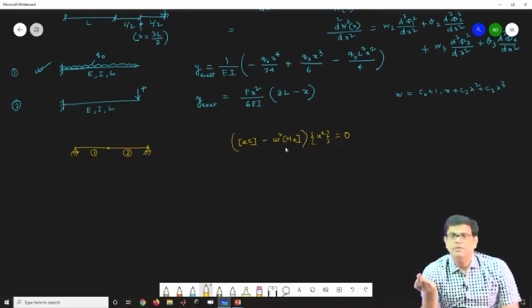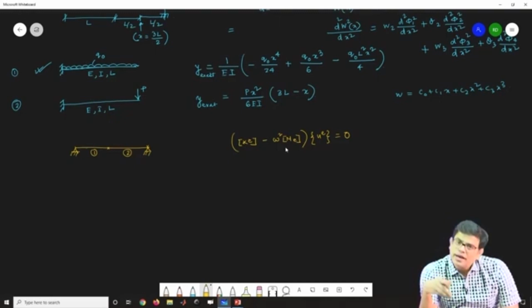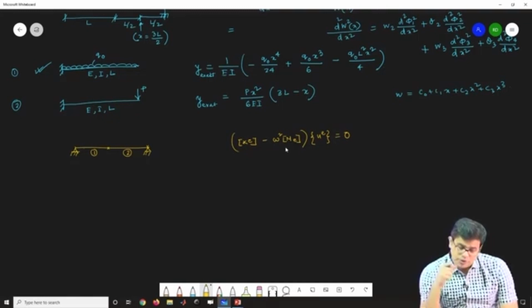But with finite element, with a finite number of approximations, we can compute it very easily. And more importantly, we can compute it on a desktop computer or any other computer with the help of any programming language.